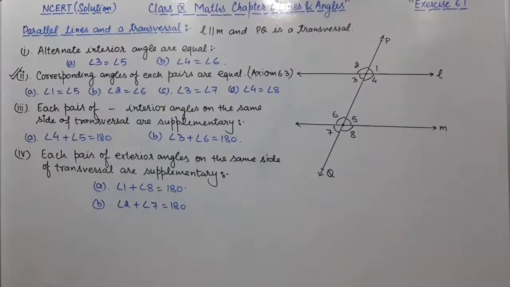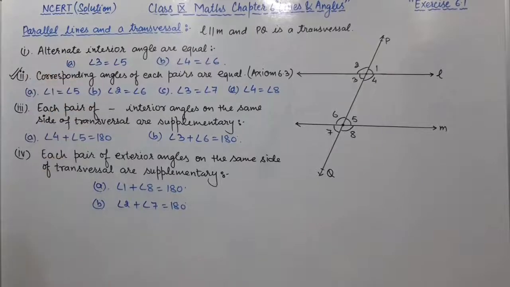So theorems 6.2, 6.3, 6.4 and 6.5. Afterwards, parallel lines to the same line. Theorem 6.2, you just see: if a transversal intersects two parallel lines, then each pair of alternate interior angles is equal.